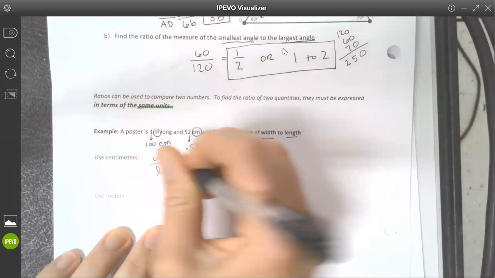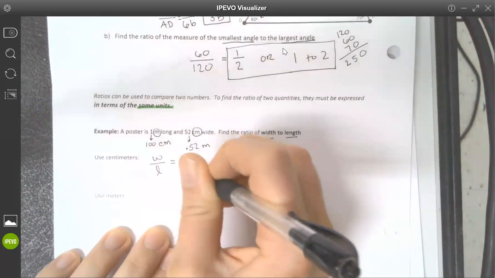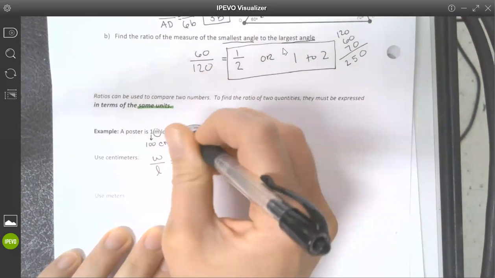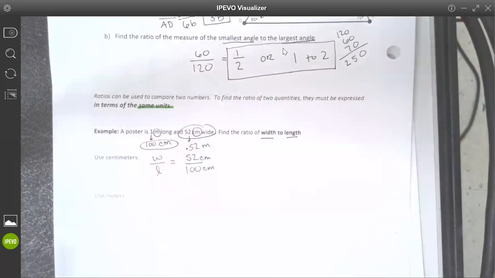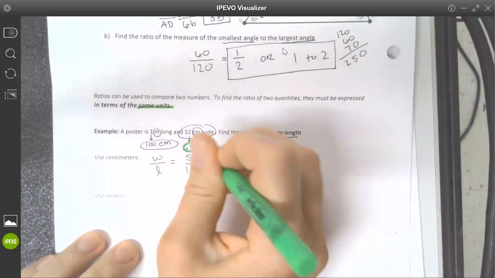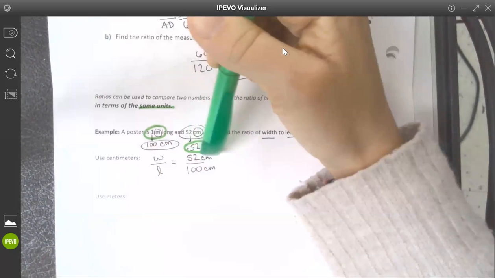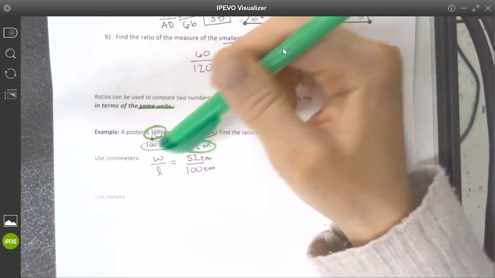So I'd have... wait, would it be 152 or just 52? 52 over 100, so I have centimeters over centimeters. So I'm taking this with this, and then I could have taken this with this. Okay, because these are the same units, these are the same units.